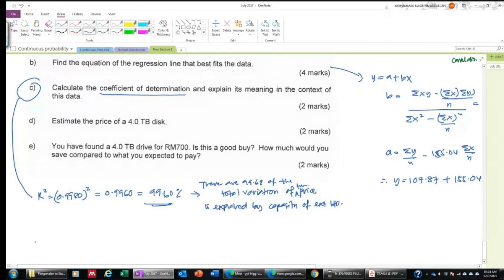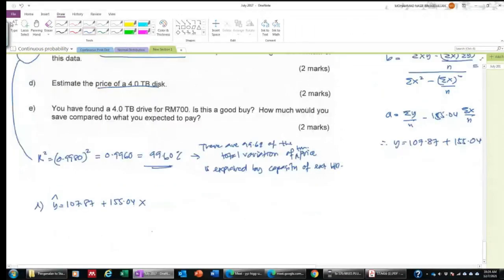And then for D, we need to estimate the price of a 4 terabyte hard disk. So Y is equal to 107.87 plus 155.04x, right? So we just replace the x value with the value of the 4 terabyte hard disk.